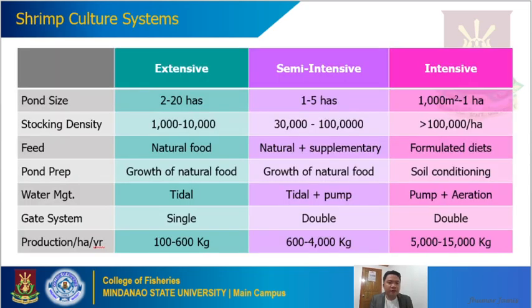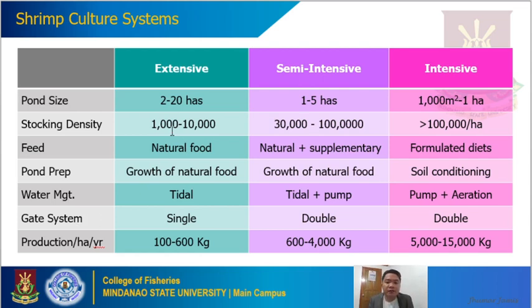Now here we have the shrimp culture systems as an example between the extensive, semi-intensive, and intensive according to the pond size, stocking density, feed, pond preparation, water management, gate system, and the production per hectare per year. So normally, the extensive aquaculture will have 2 to 20 hectares as a pond size.